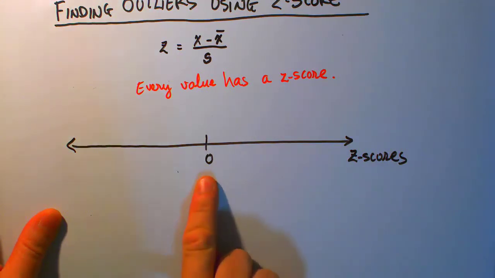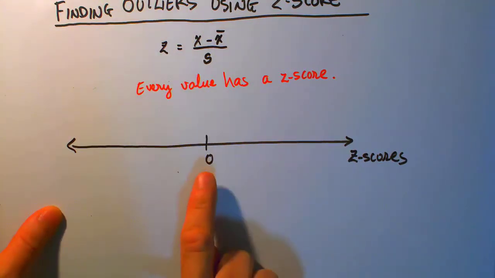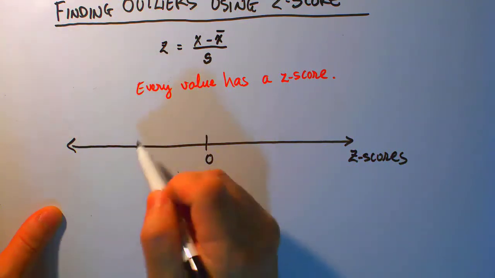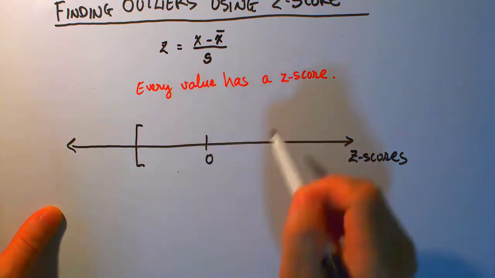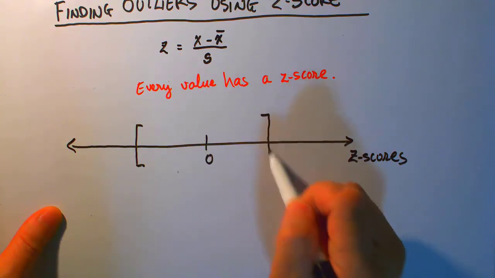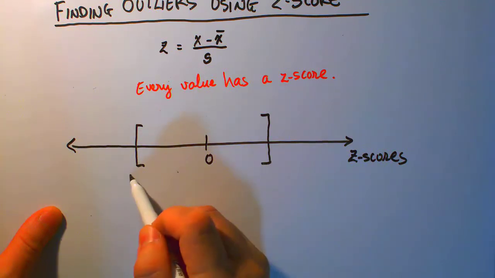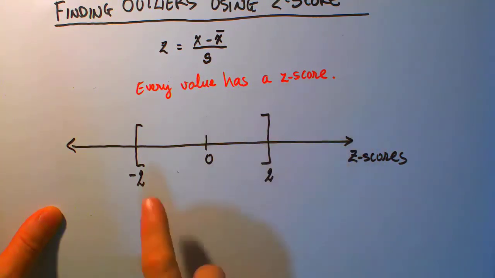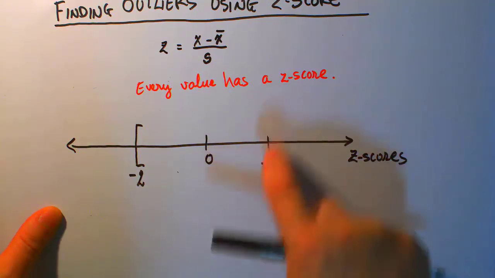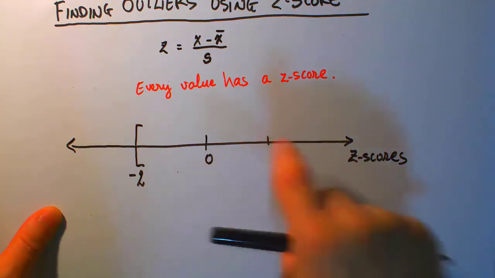So z-score 0 indicates that a value is right on the mean.